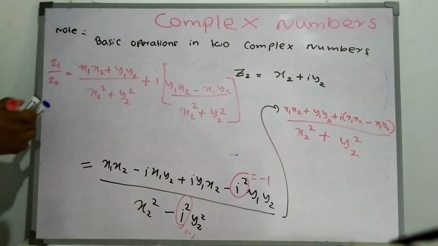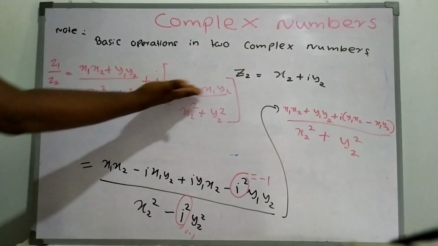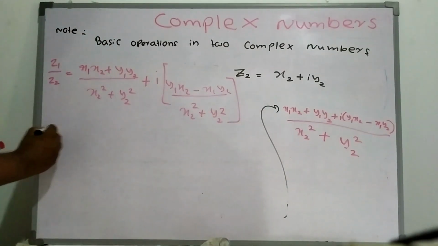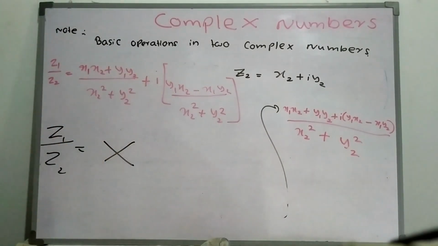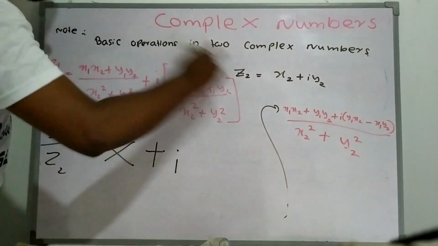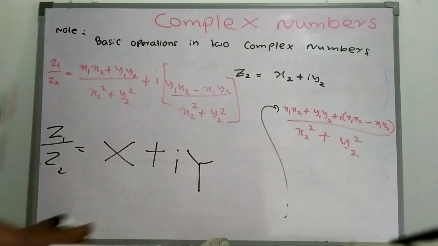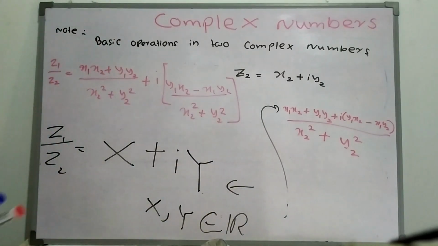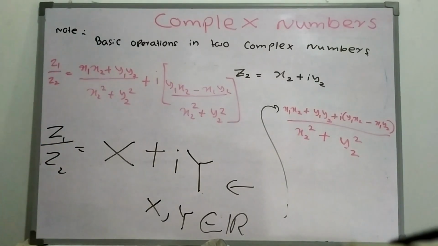This is another real number because it has only x and y. Here also a real number. So I present this whole thing as one single capital X, and this whole thing as one single capital Y. X, Y are real numbers. Therefore, the final interpretation is that the division of two complex numbers is another complex number.